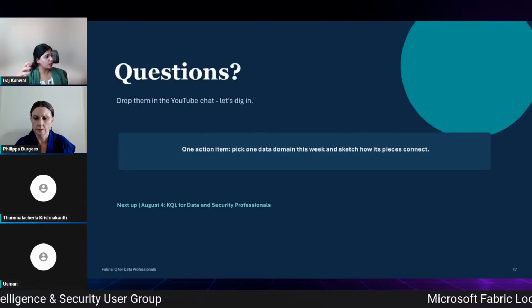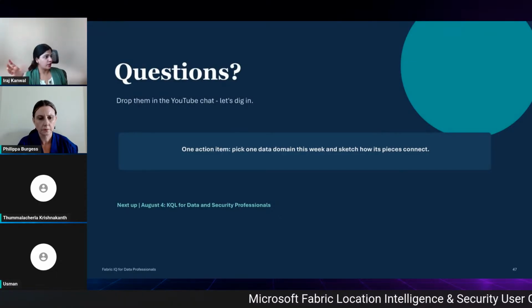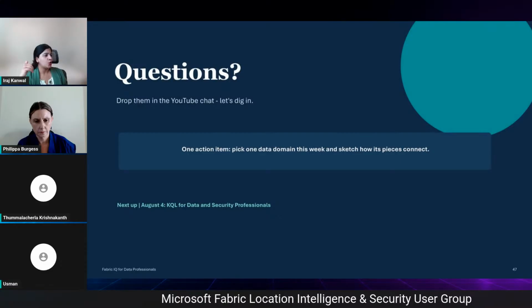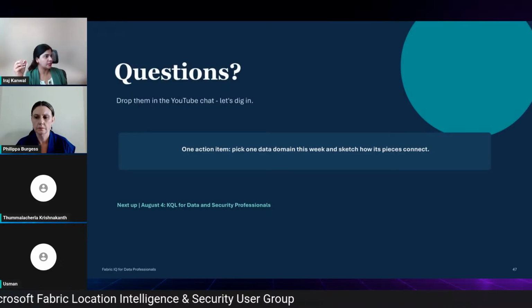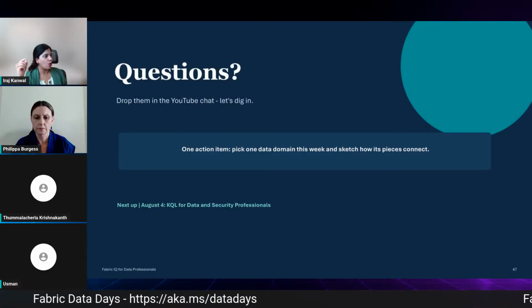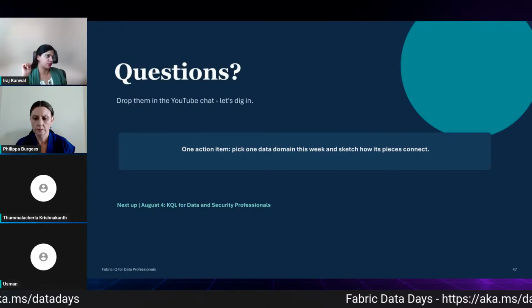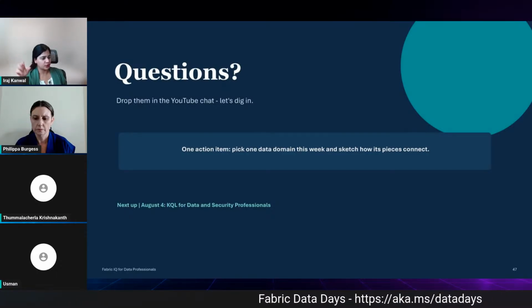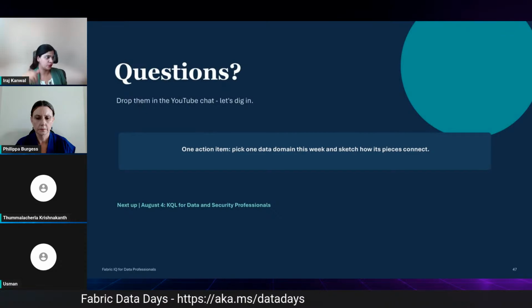If you're working on the workspace, you can control the boundaries for sharing: you can share just the warehouse and only enable the read all SQL endpoint, so that the user only has access to the warehouse, whereas the other items like lakehouses, eventhouse, and data pipelines will not be visible to the users.